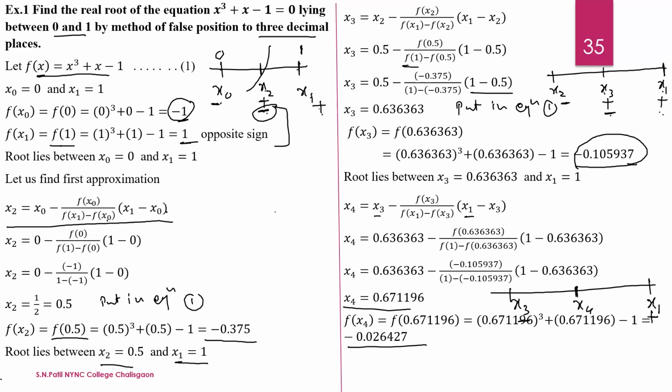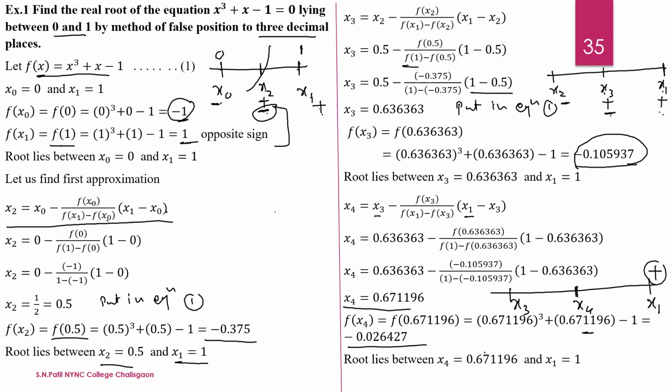It means x4 is negative and x1 we have already calculated, that is positive. It means root lies between x4 and x1.